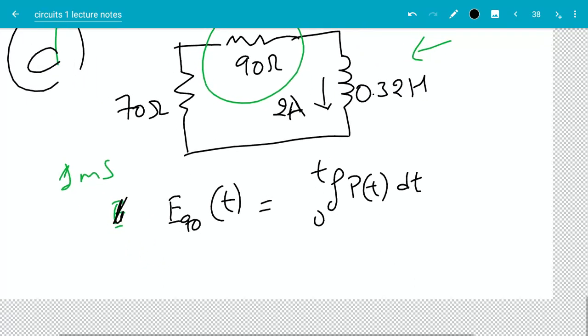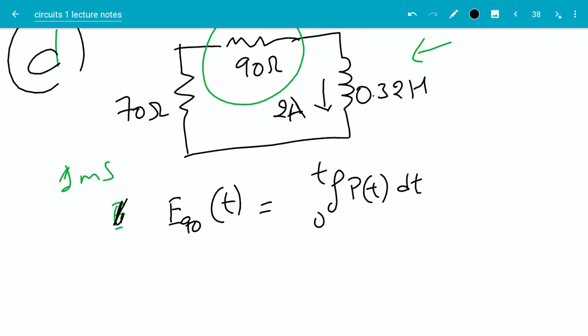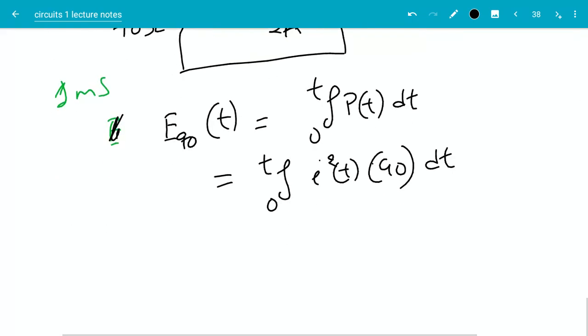That's from the definition of power. Power is I squared of t times R, which is 90 here, times dt. So that should be equal to 90 times the integral from 0 to 1 millisecond of I squared of t.